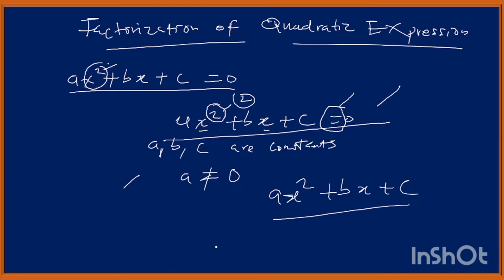So, for instance, if a is equal to 1 in this expression, we are going to have x squared plus bx plus c. That is what we are going to have. And this becomes a simple trinomial.